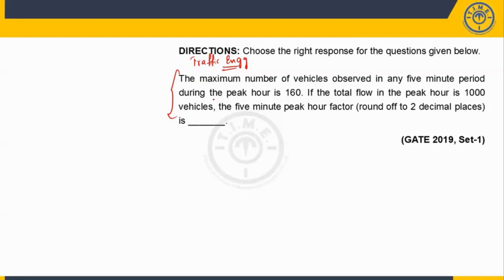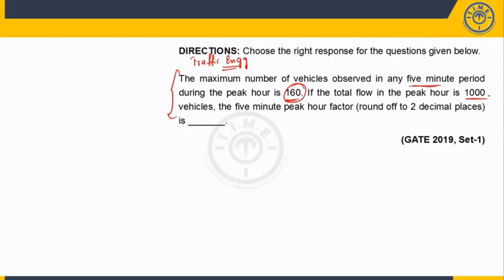The maximum number of vehicles observed in any 5 minute period during the peak hour is 160. If the total flow in the peak hour is 1000 vehicles, what is the 5 minute peak hour factor?